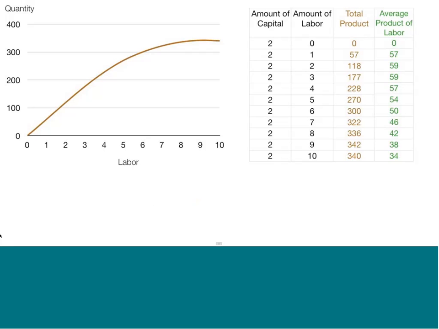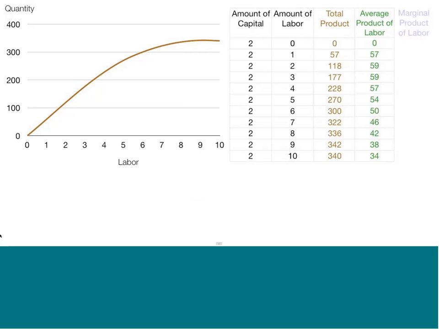And now I'm going to calculate marginal product of labor. It's a little bit different than average product of labor. Actually, it is different. Let me start with 1 labor unit. And that equates to a total product or quantity of 57. Now, if I move to 2 labor units, that equates to a total product or quantity of 118. So I added 1 labor unit, and the question is, how much was quantity increased?